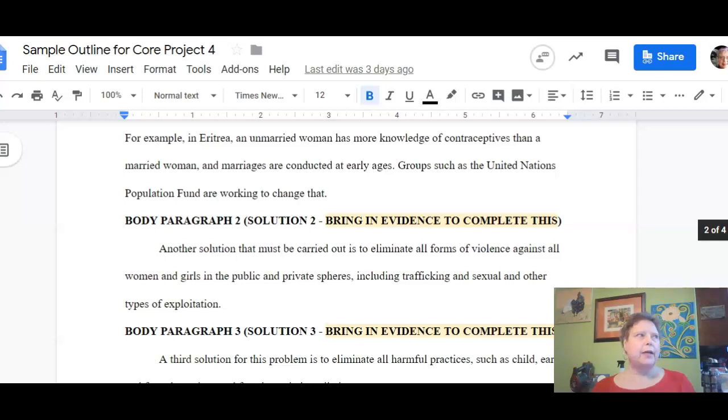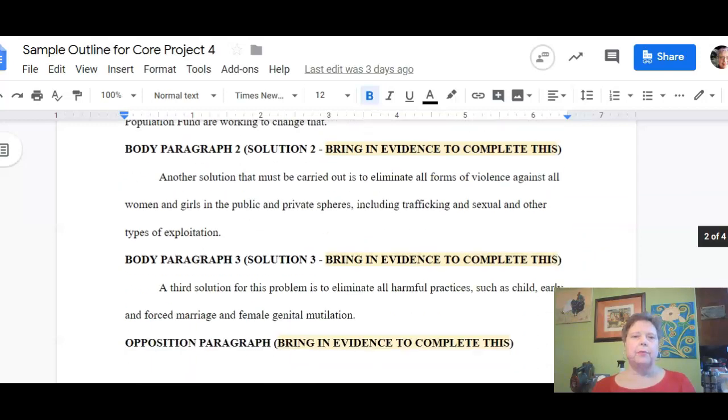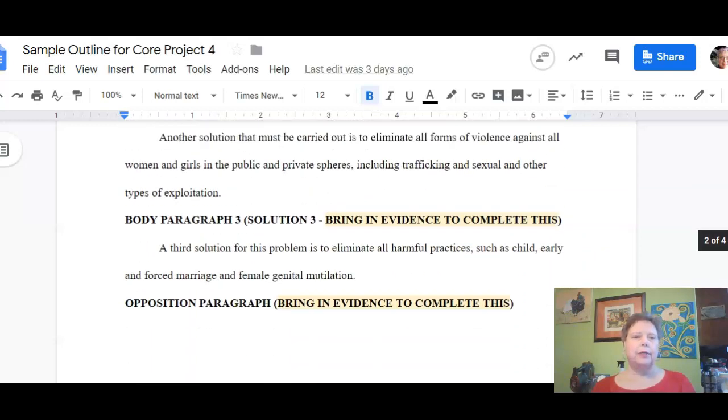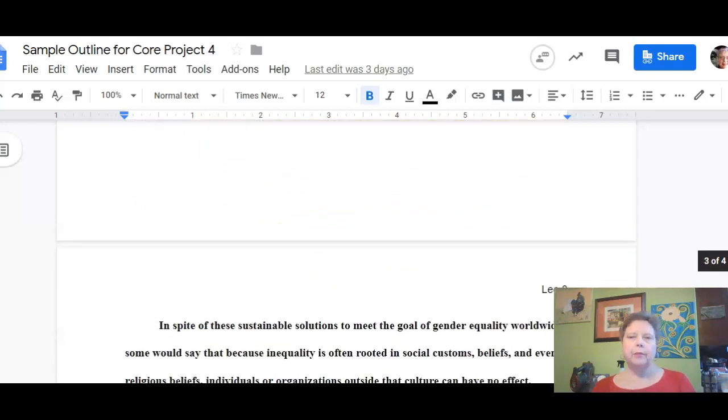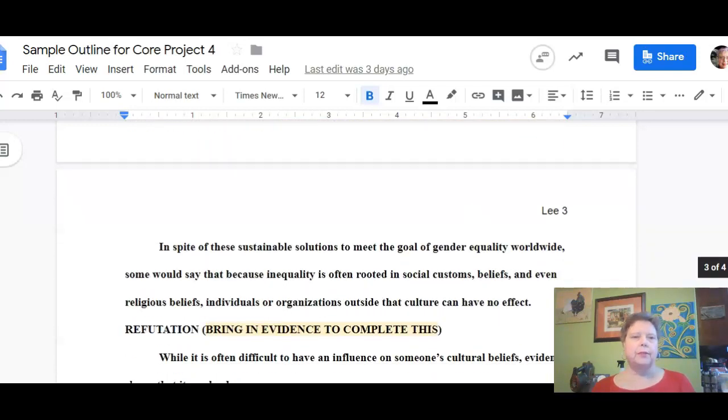And then, of course, if I had continued writing it, I would bring in the evidence of what the United Nations Population Fund is doing to help this problem of education for contraceptives. And then, of course, in your other body paragraphs, I have also provided another solution is, and a third solution is, with a topic sentence for each one of these.